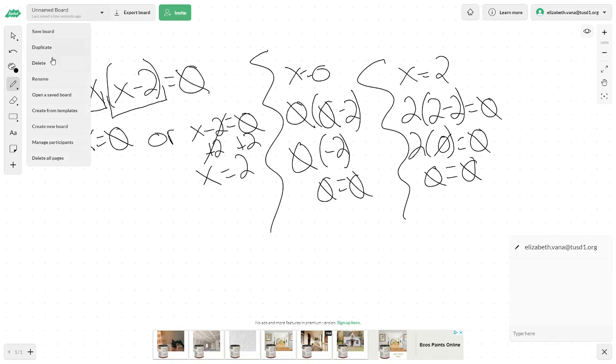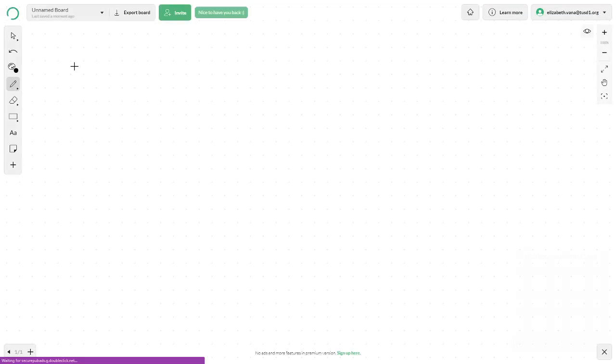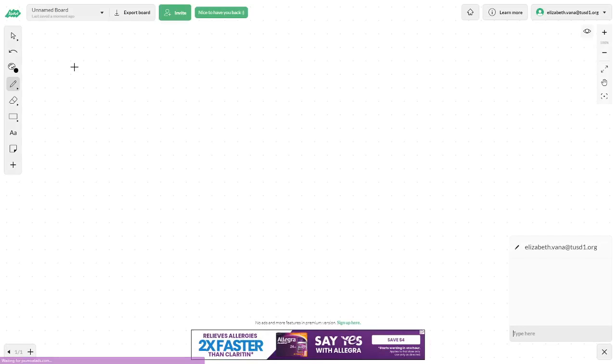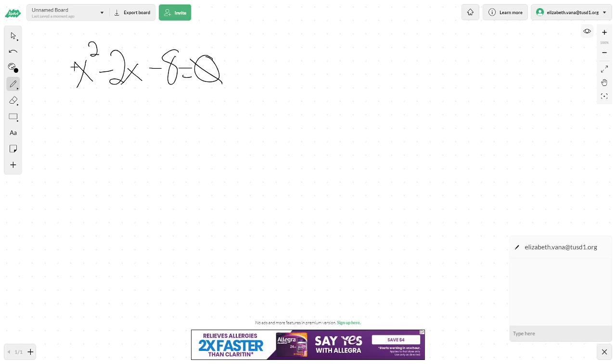All right, let's look at another example here. What if I told you that x squared minus 2x minus 8 equals 0? Now we can still use the zero product property with this, but we need this to be in factored form.